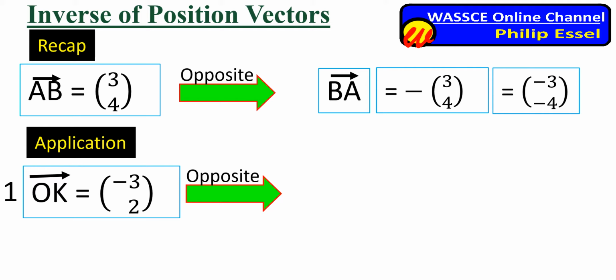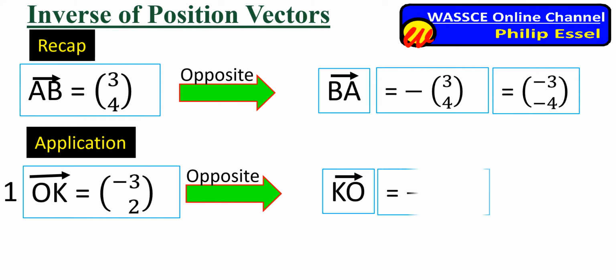From what we have learned so far, its inverse or opposite would either be negative of the vector OK or the vector KO. That is, if we do not want to use the negative sign.